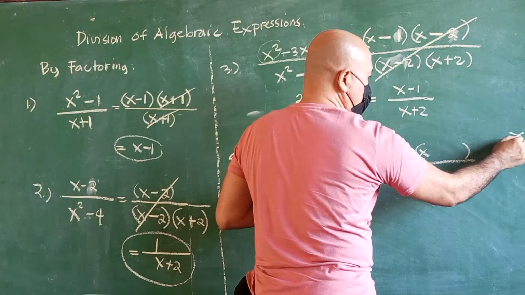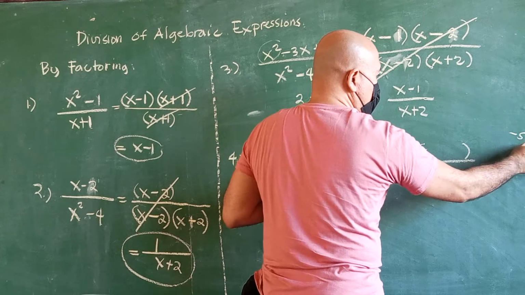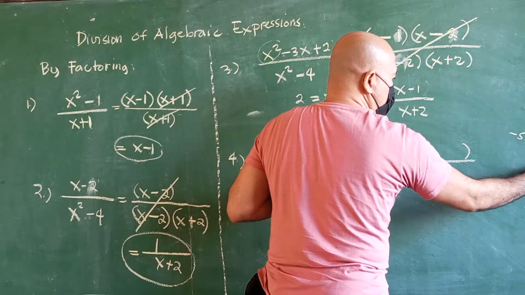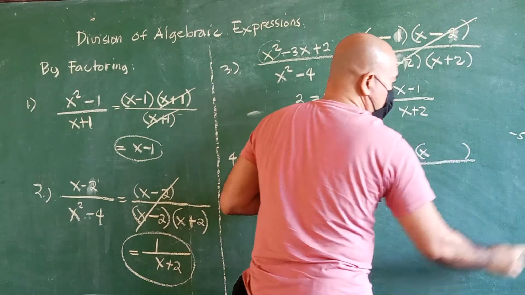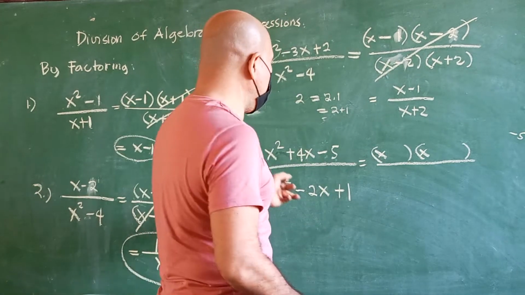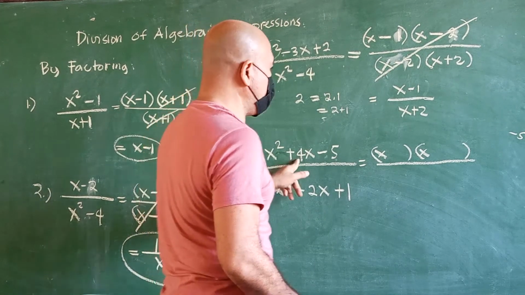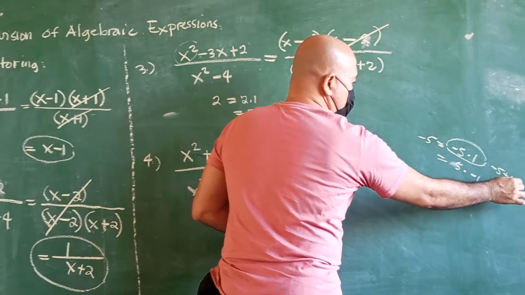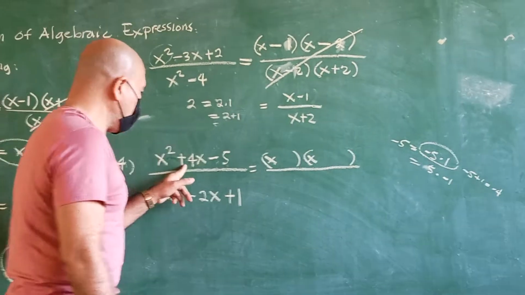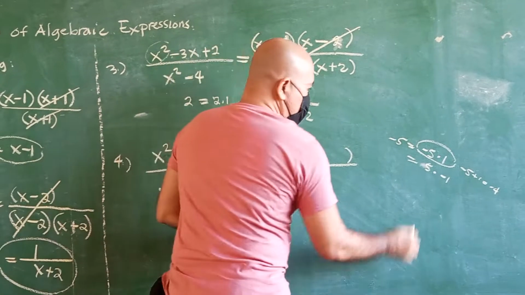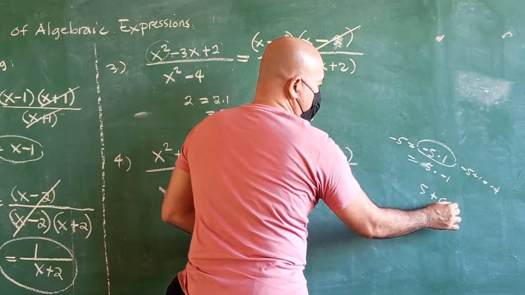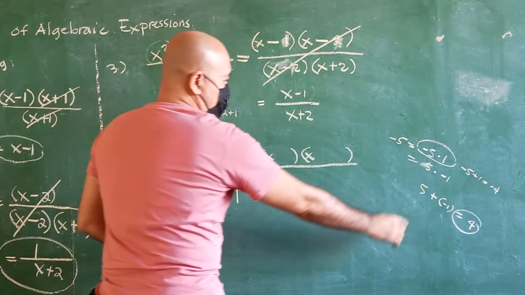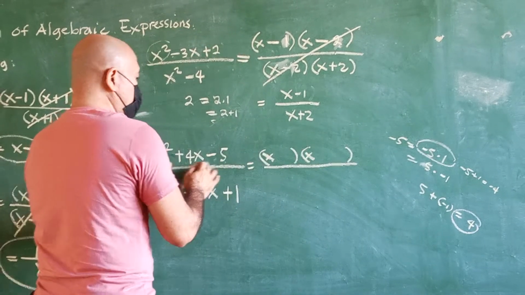So for negative 5, it could be negative 5 times 1, or it could be 5 times negative 1. Try to add these two numbers, which one will give you positive 4. When you add negative 5 plus 1, that is equal to negative 4. But the middle term here is plus. So when you add 5 plus negative 1, that will give you positive 4. That means 5 and negative 1 are the factors that we need here.